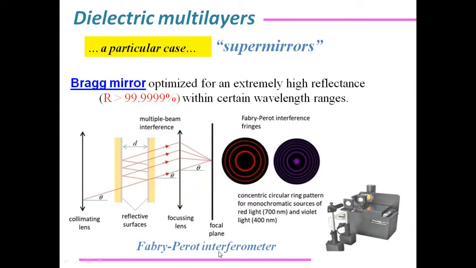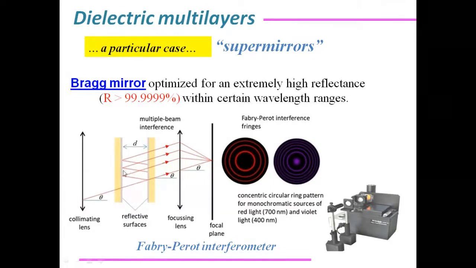This is the Fabry-Perot interferometer. We have two different reflective surfaces. Here we can have a thin metallic mirror, but also a dielectric mirror with reflectance even more than this value, near 100%. We have several reflections, then the transmitted beams, and the focusing lens produces these impressive fringe rings.